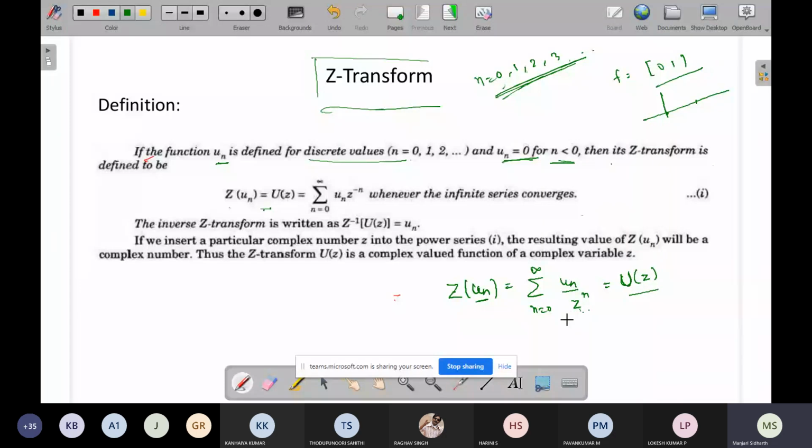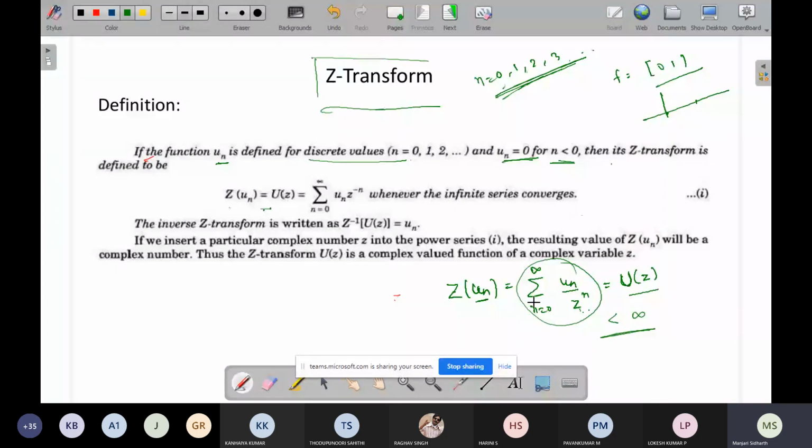Provided that this infinite series has a finite sum, less than infinity, meaning it should converge. When a series converges, the sum is a finite value.